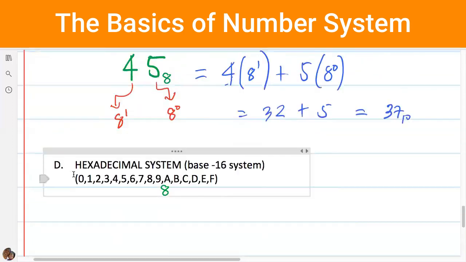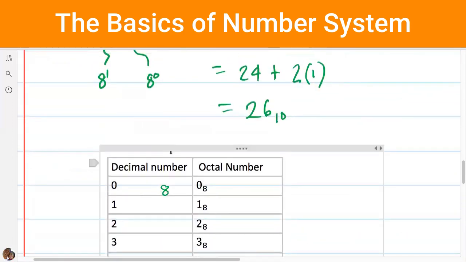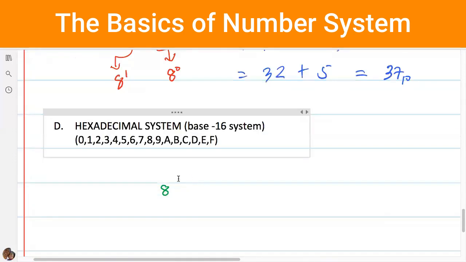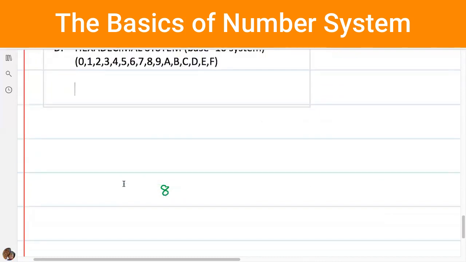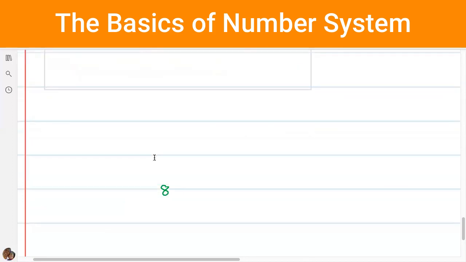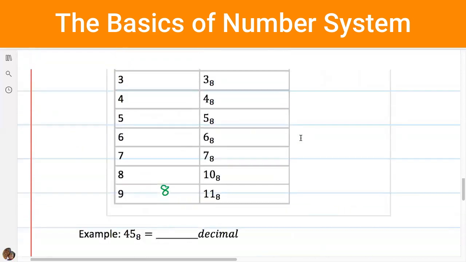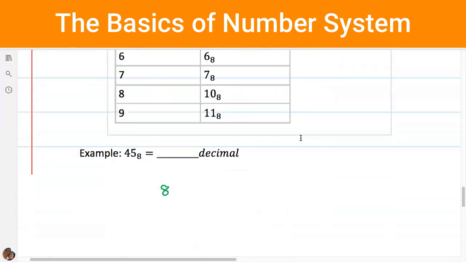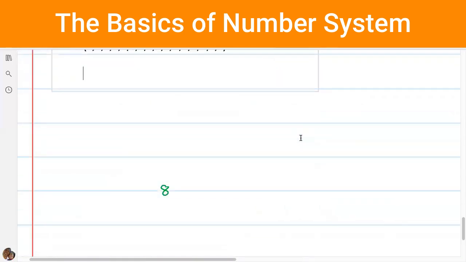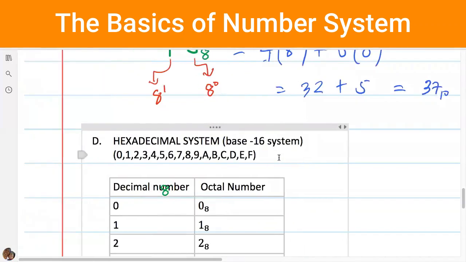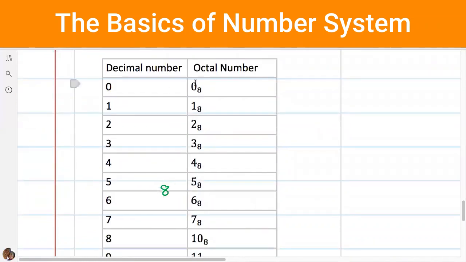That's the comparison. Now let's copy this first, and paste it here. I cannot delete this 8, never mind it.